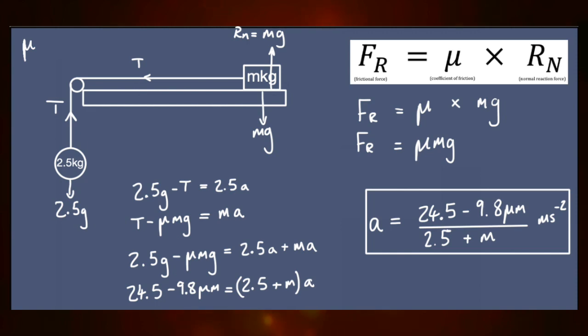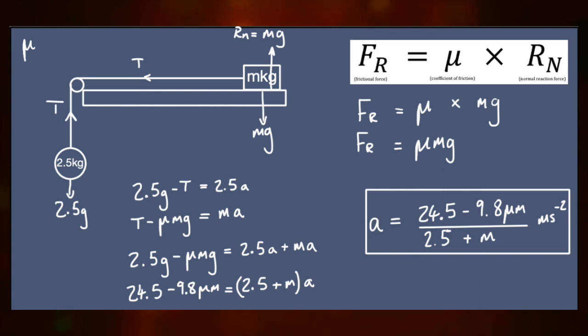If we treat this example here like we did earlier, having a particle of m kilograms with a mass of 2.5 kilograms as our first particle, and we see how the acceleration varies and write an equation, we can start off by writing our two equations for each particle. 2.5 G minus T equals 2.5 A, and T minus mu mg equals ma.